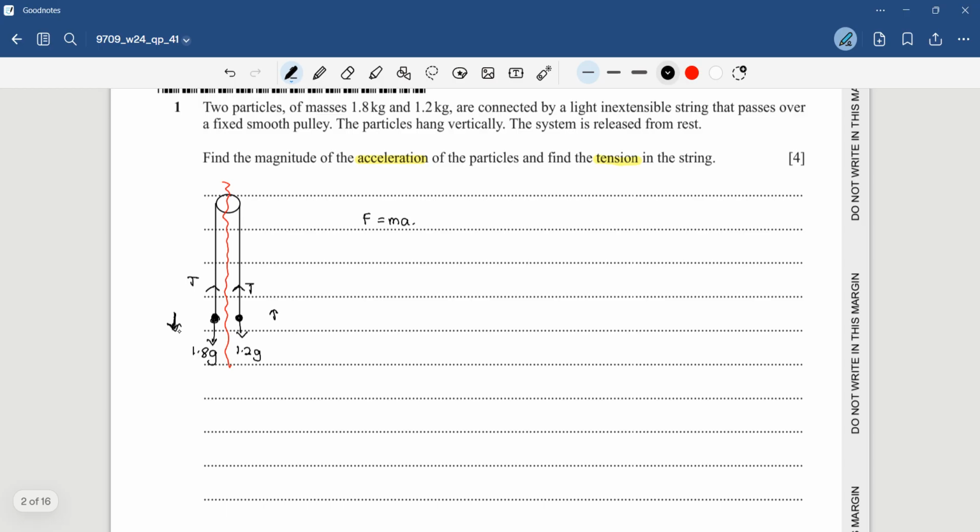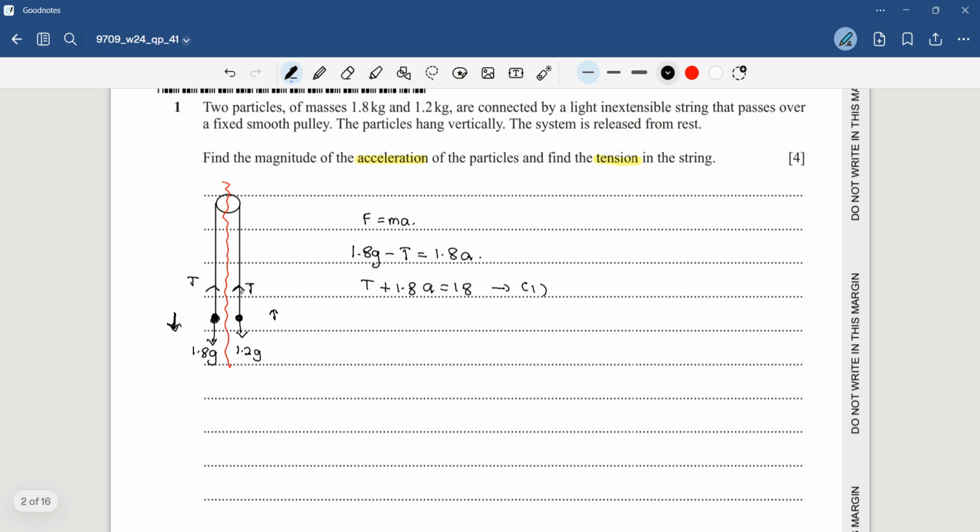We choose the direction of motion as the positive direction. So the weight 1.8g minus the tension is equal to 1.8a. You can rewrite: T plus 1.8a equals 18g. So this will be your first equation.